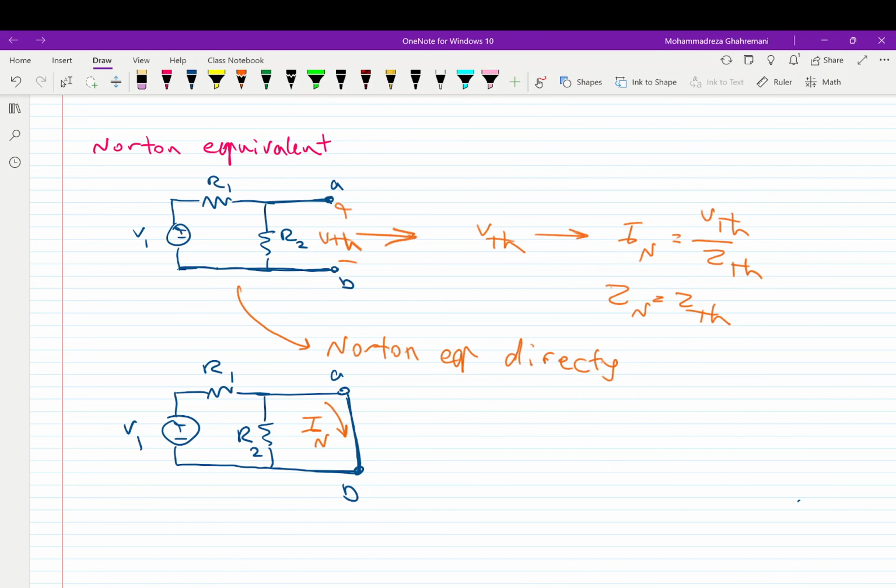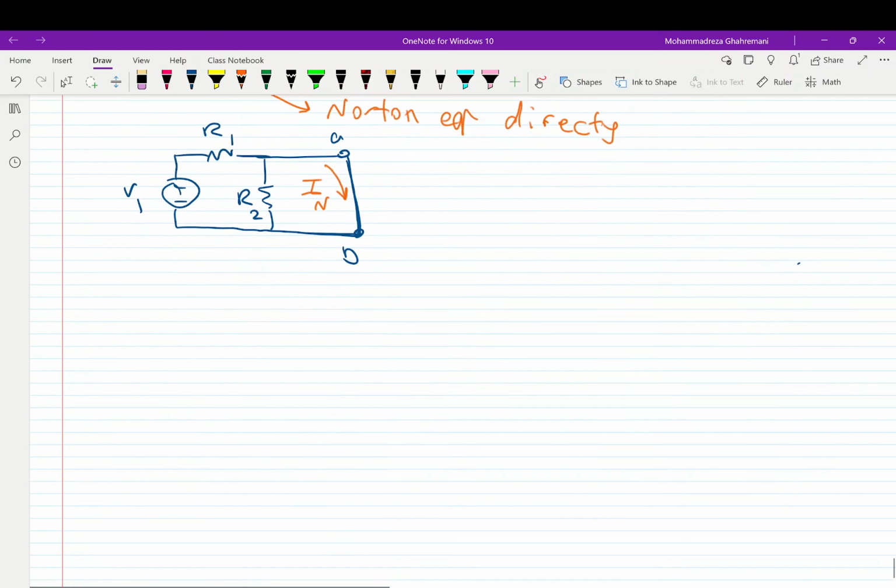But this is the first time we're going to directly find the Norton equivalent. For Norton, we short circuit the terminals and find the current. Okay, so that was what I needed to mention before we start the example.